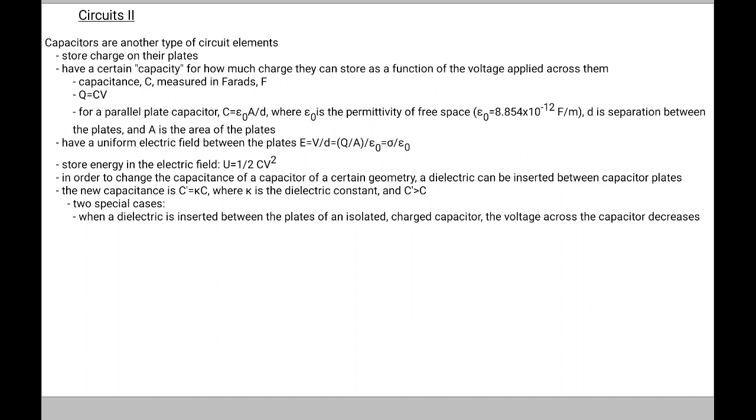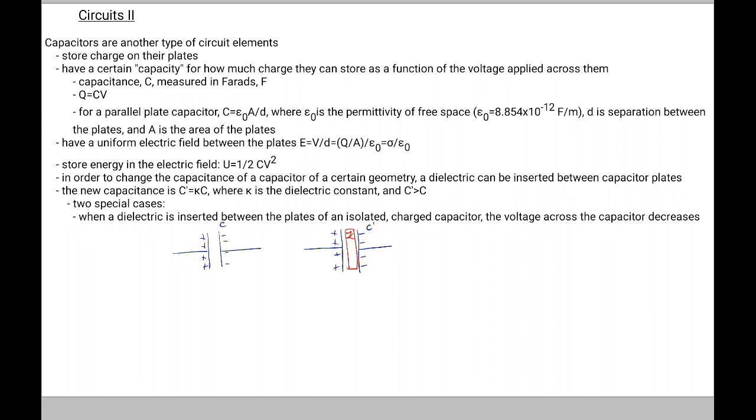Now, there are 2 special cases for this. In the first, a dielectric is inserted between capacitor plates when the capacitor is fully charged but not connected to anything. Let's say it originally has capacitance C, and then we insert a dielectric of dielectric constant kappa between the plates, and the capacitance will be C prime.